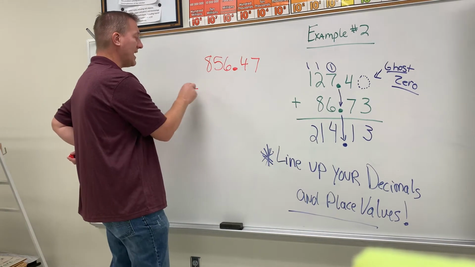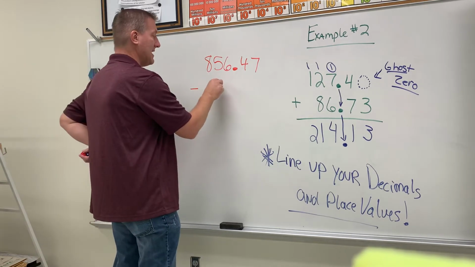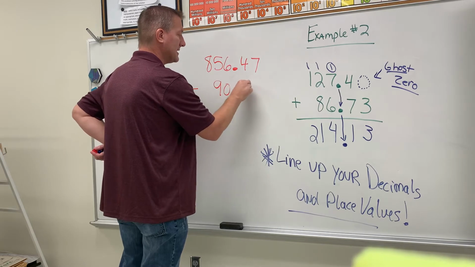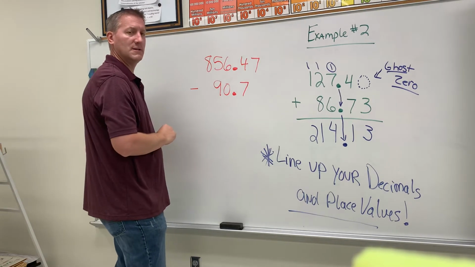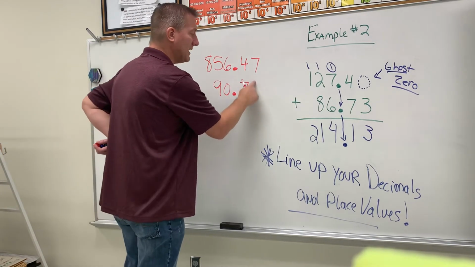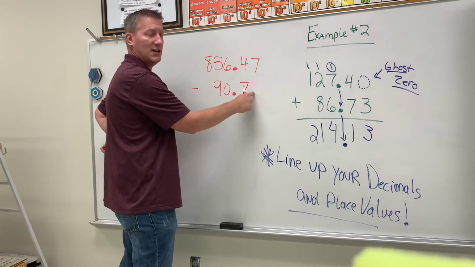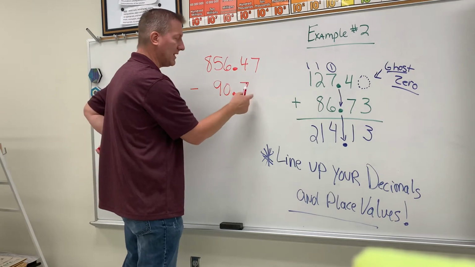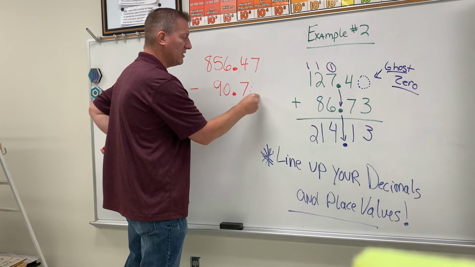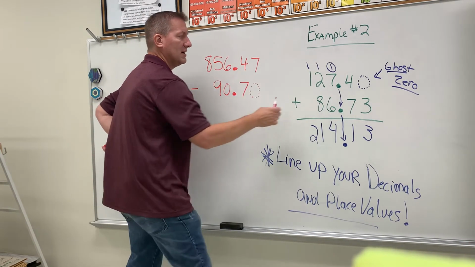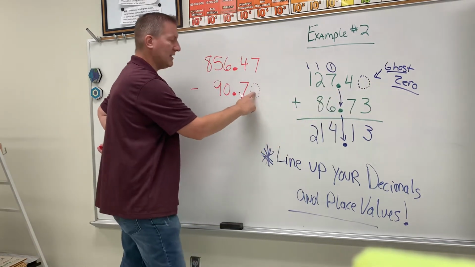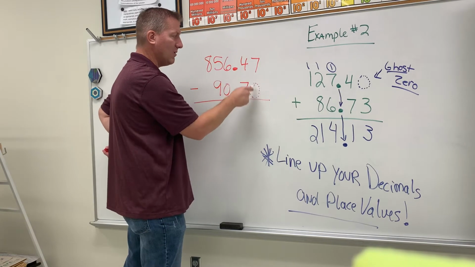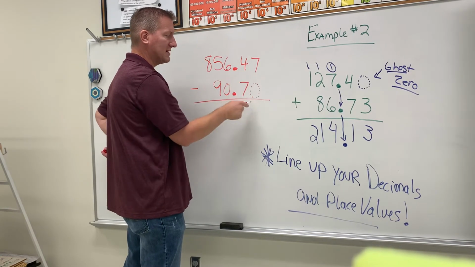So let's subtract from that 90 and 7 tenths. Okay, notice I don't have anything in the hundredth spot here. There's nothing in it. So what can I do to hold that place value? I can put a ghost zero in there. So just like over here, I can put a ghost zero in there, and then I know to subtract that.